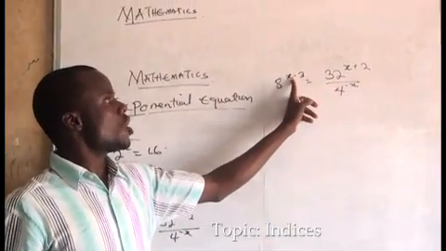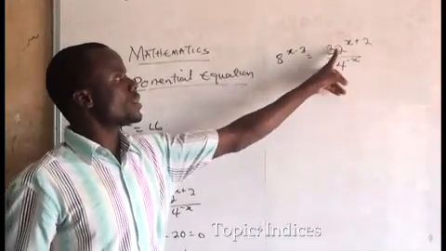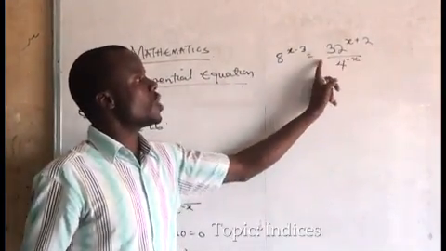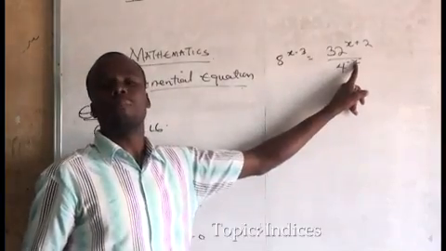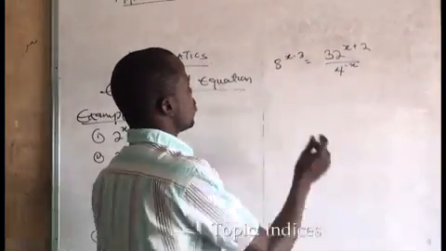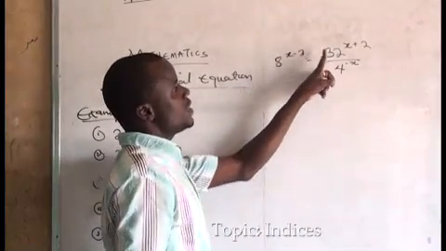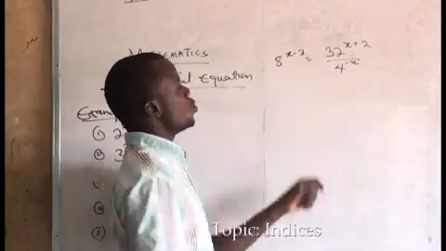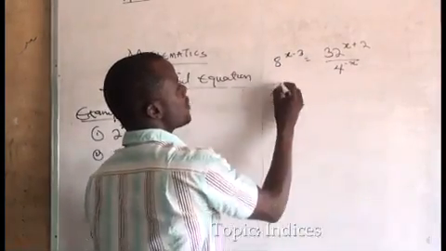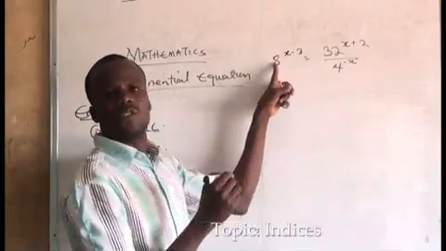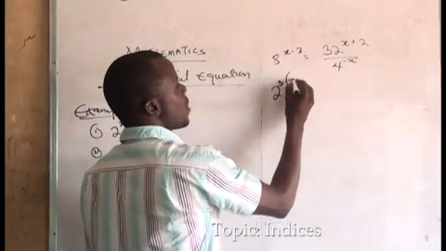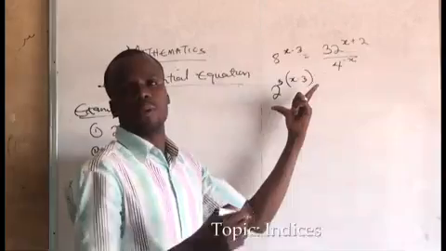8 to the power of x minus 3 equals 32 to the power of x plus 2, all divided by 4 to the power of minus x. So now, we can make 8 the same base as 32, the same base as 2. That is, 2 to the power of 3 gives us 8. Then we have the power of x minus 3, and we put it in a bracket.